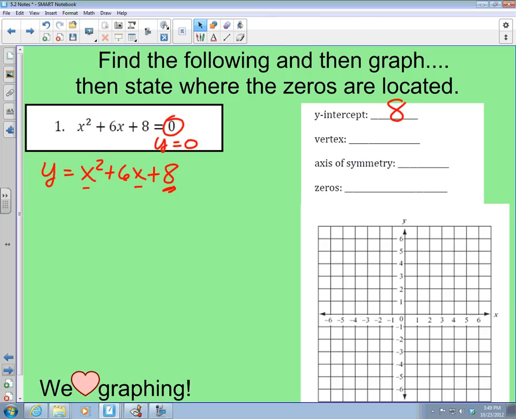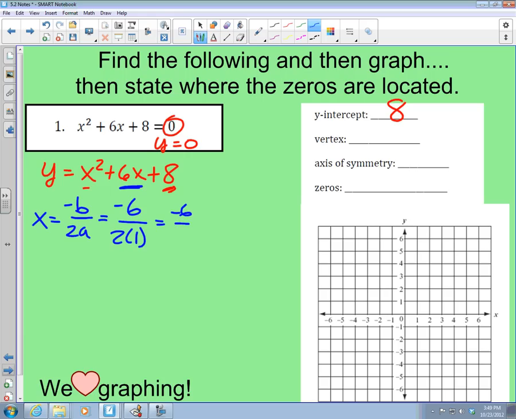For our vertex and our axis of symmetry, we're going to work with this formula. X equals, you got it, negative b over 2a. So negative 6 over 2 times 1. Negative 6 over 2 is equal to negative 3. So right now, vertex, negative 3 something.